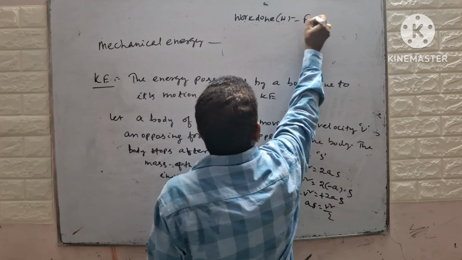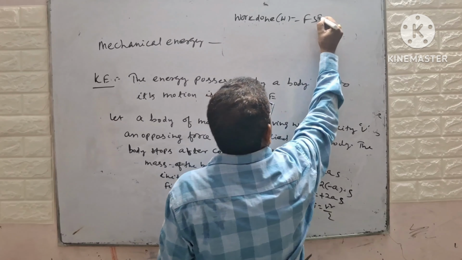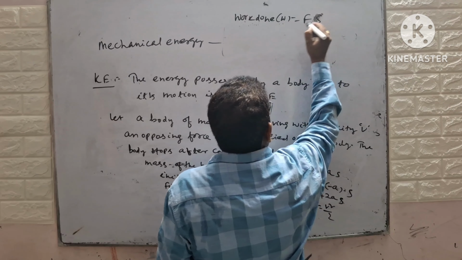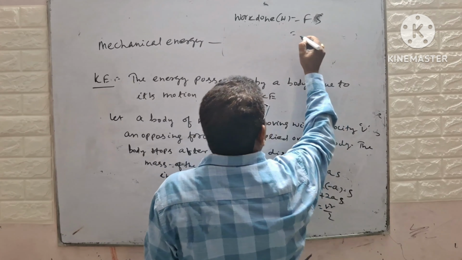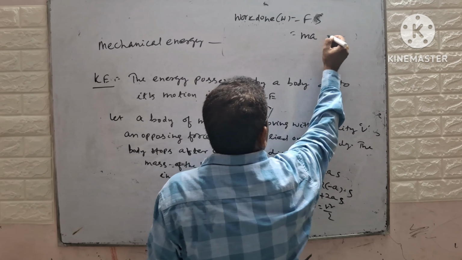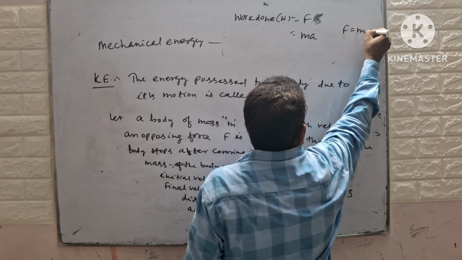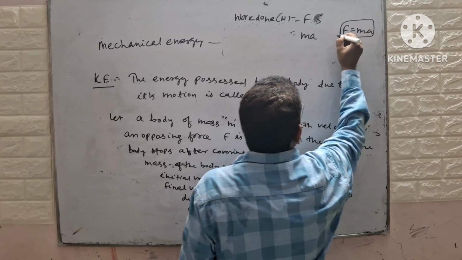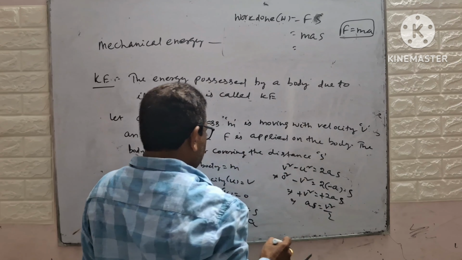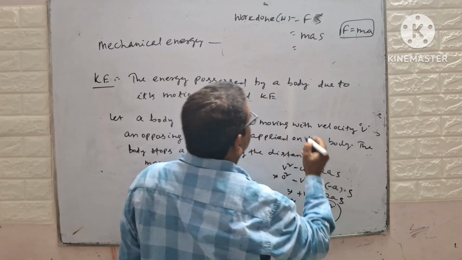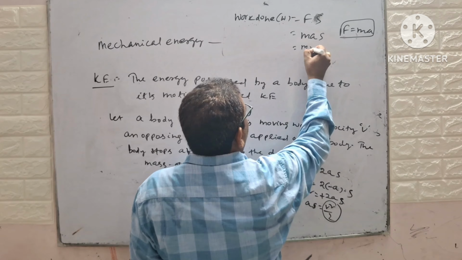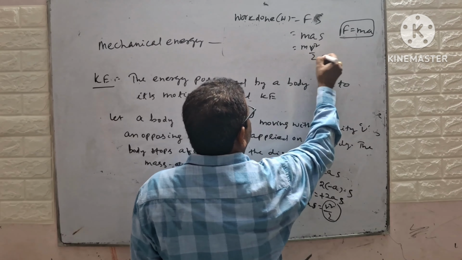Work done W equal to Fs. From Newton's second law of motion, F equal to ma. But here we get s equal to v square by 2a, so we put that in.